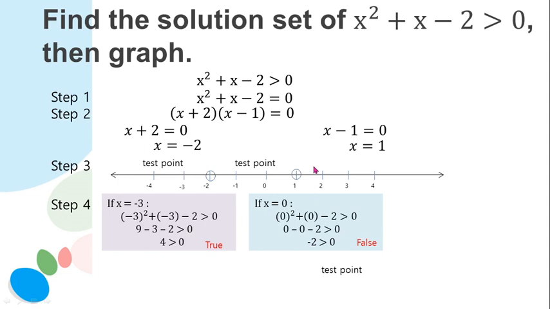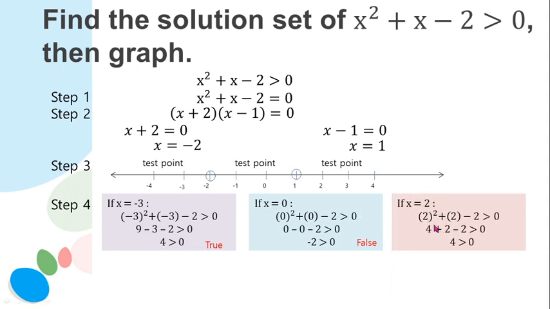Then we have another test point, a test point that would represent the region which is greater than positive 1. So we choose 2. So we have 2 squared plus 2 minus 2, is it greater than 0? So 2 squared is 4 plus 2 is 6 minus 2 is 4.